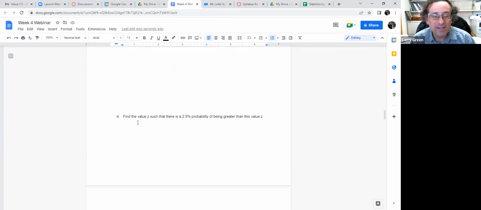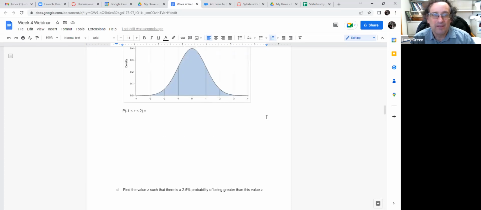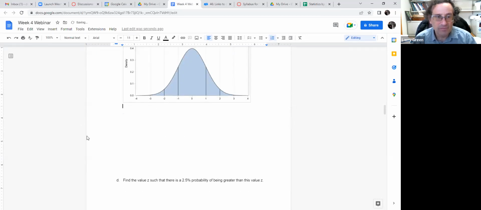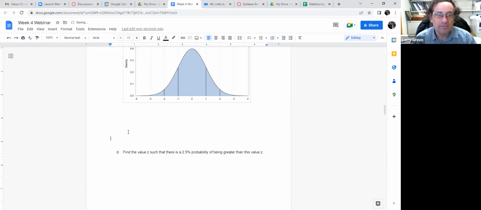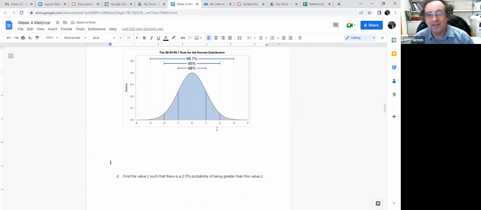Okay, so now let's do the next one. Find the value of Z such that there's a 2.5% probability of being greater than this value of Z. All right, so the first thing is, is Z going to be kind of on the left or kind of on the right, if there's a 2.5% chance of being bigger than that number? Think about it this way.